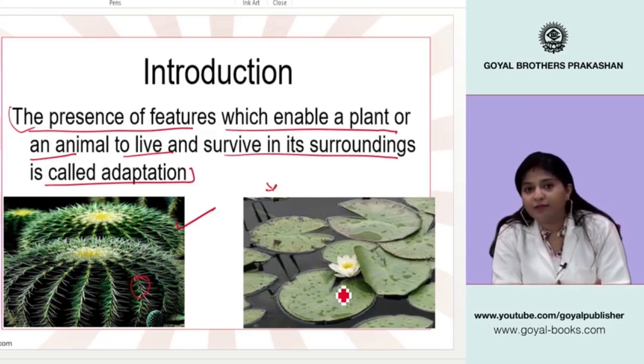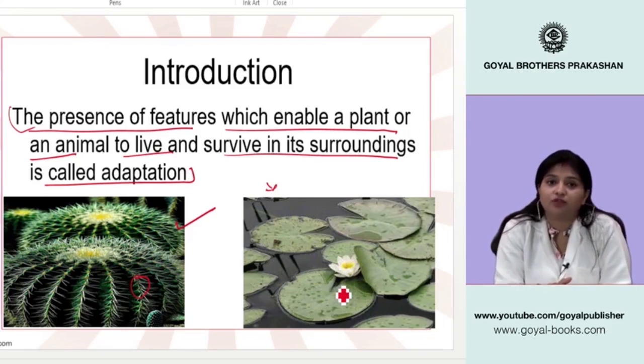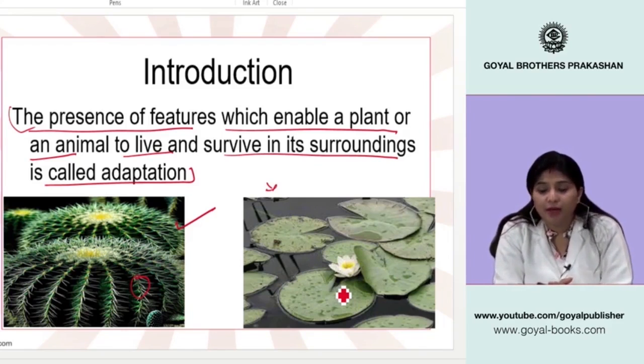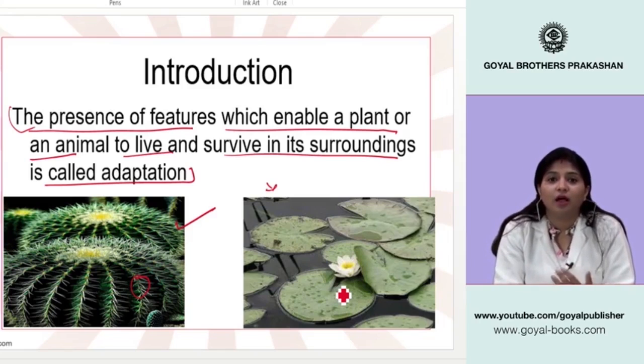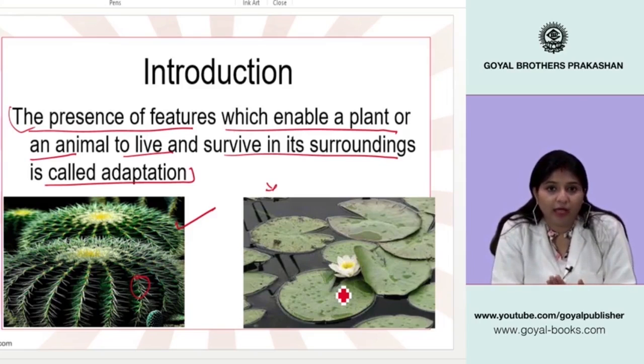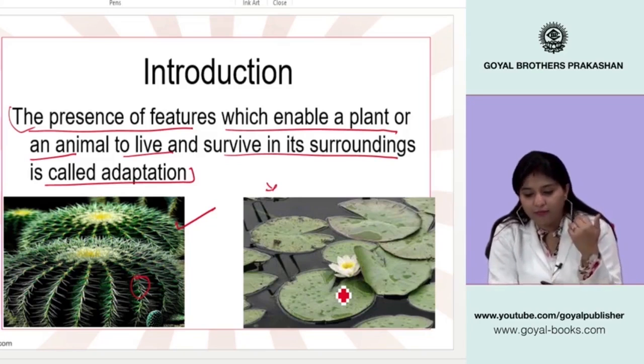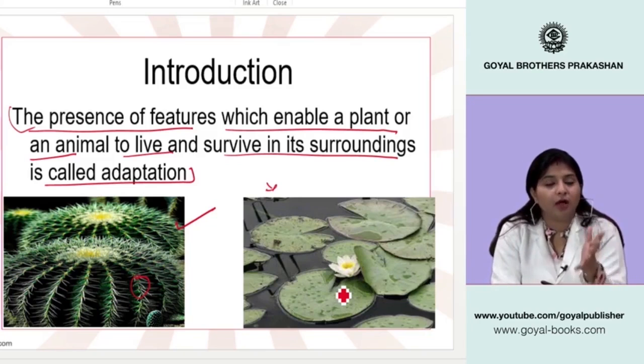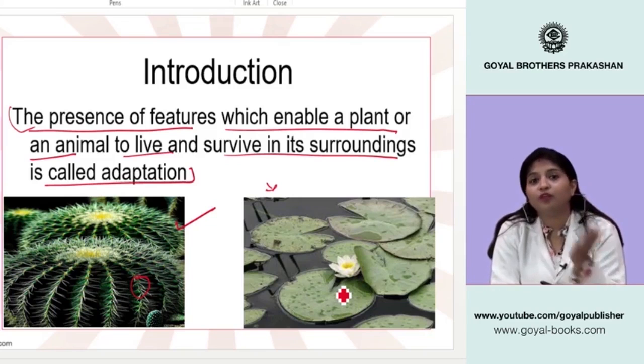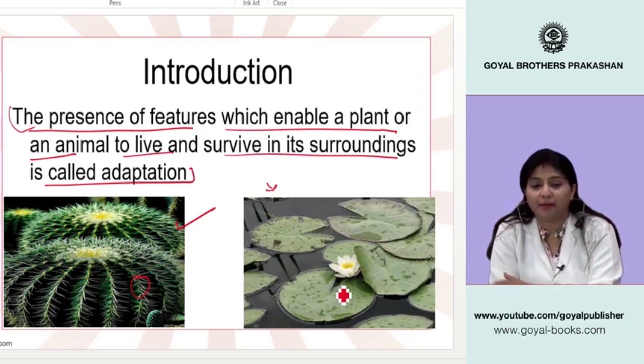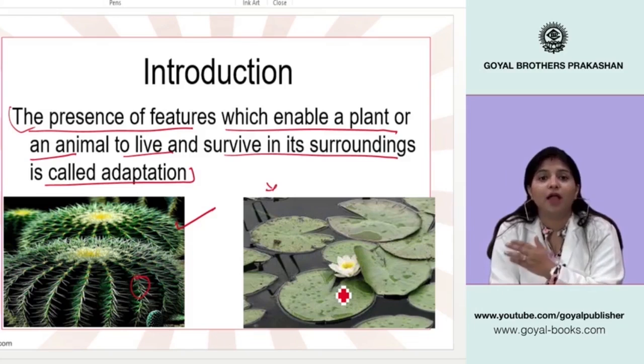So like I've said, there are different kinds of modifications which occur in a particular animal, and this change occurs over a period of time as and when the environment is changing. So what is adaptation again? Adaptation is the presence of features which enable a particular organism to survive in a type of habitat, in a particular type of environment.